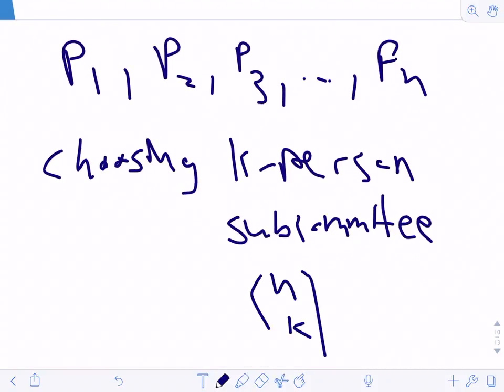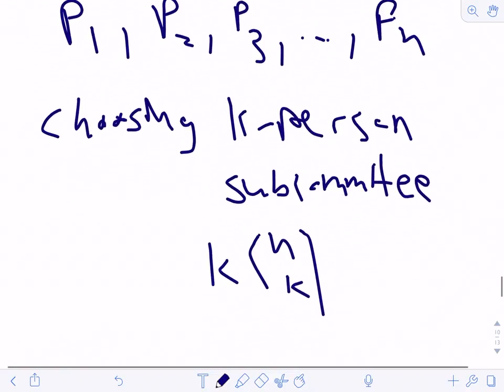And from this k-person subcommittee, you choose its leader. Since there are k people in the subcommittee, there's k choices for the leader.